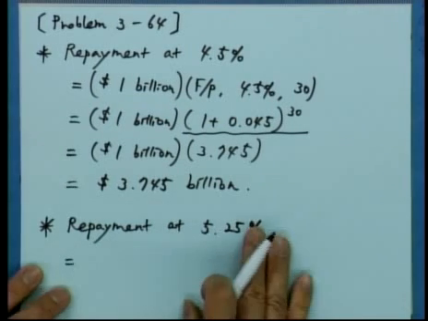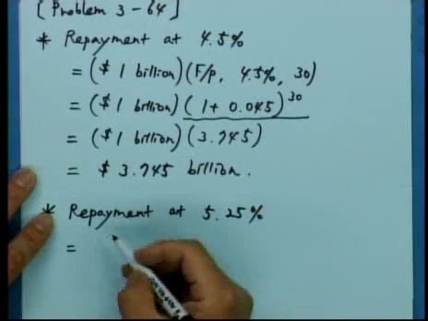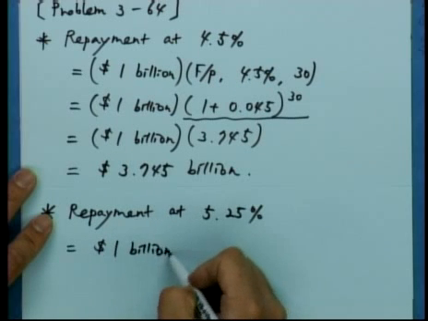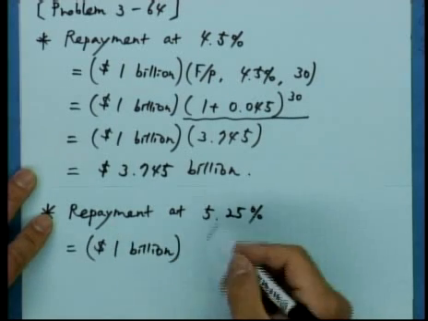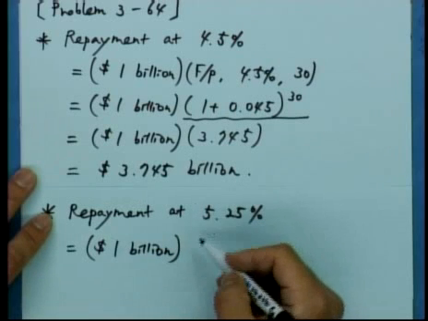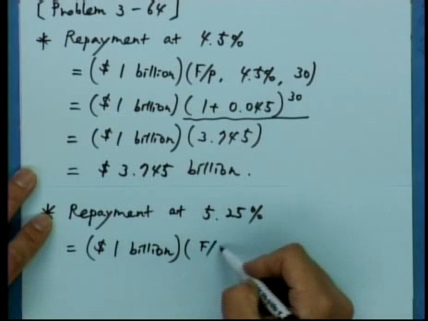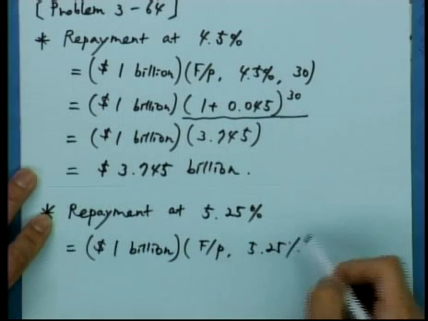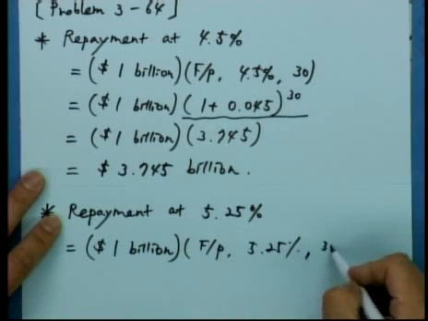In such case, present sum is same, $1 billion. And F given P, 5.25% over 30 years.